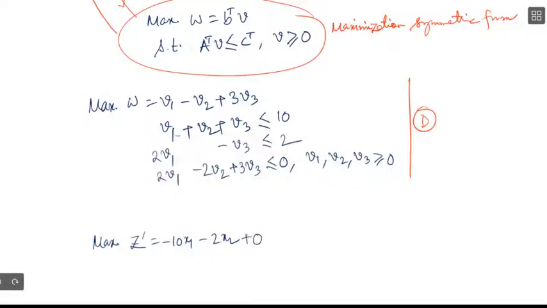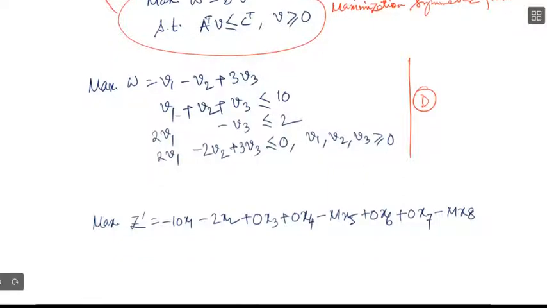So plus 0 x3 plus 0 x4, this is our first surplus variable, minus m x5, first artificial variable, plus 0 x6, first slack variable, plus 0 x7, second surplus variable, minus m x8, second artificial variable.